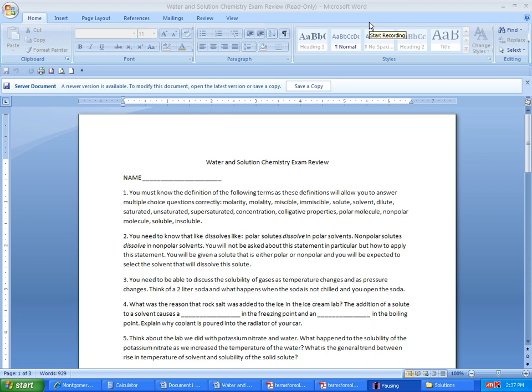Number 4 said, what was the reason that rock salt was added to the ice in the ice cream lab? Because what we were trying to do there is depress the freezing point and get the ice to freeze at a lower point so our ice cream could be smoother and creamier in texture.